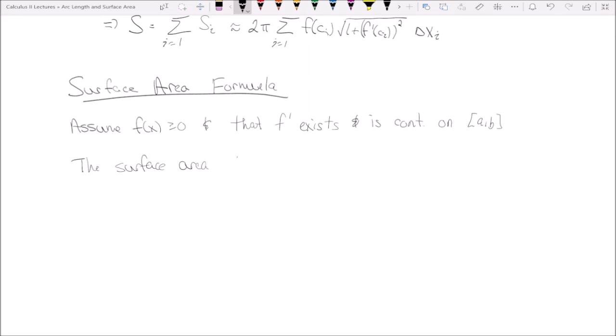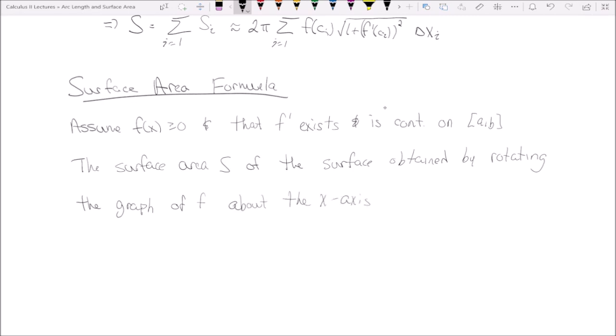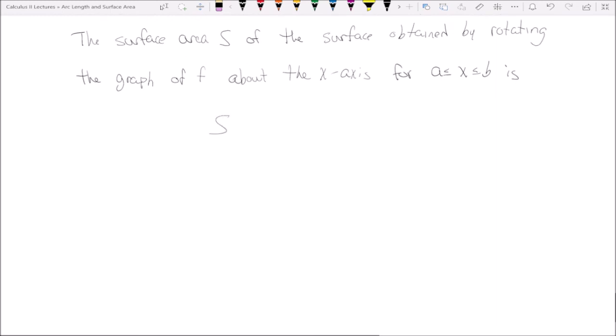The surface area S, big S, of the surface obtained by rotating the graph of f about the x-axis, obviously for a less than or equal to x less than or equal to b, is 2 pi times the integral from a to b of f of x times the square root of 1 plus f prime of x squared dx.